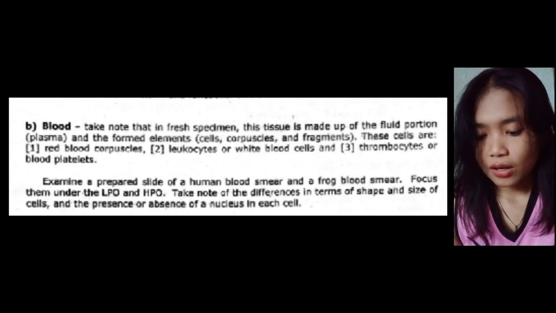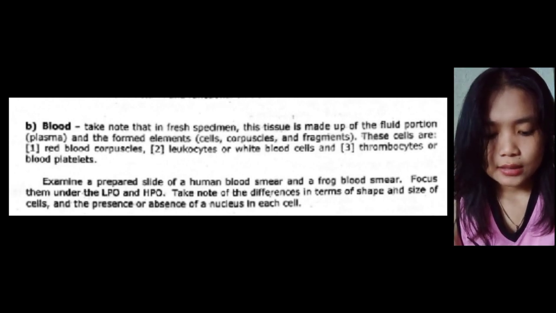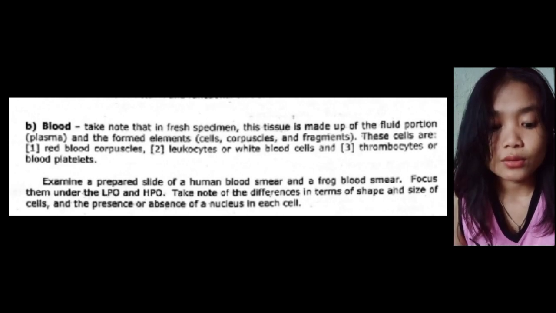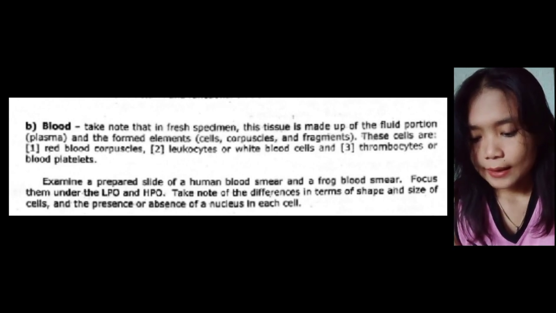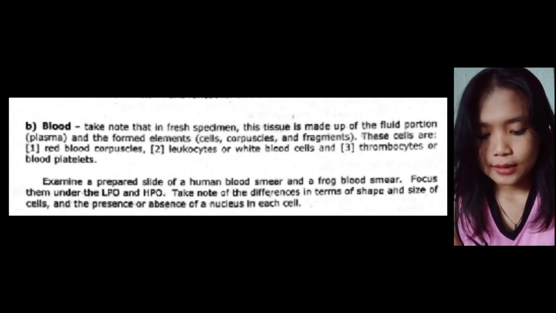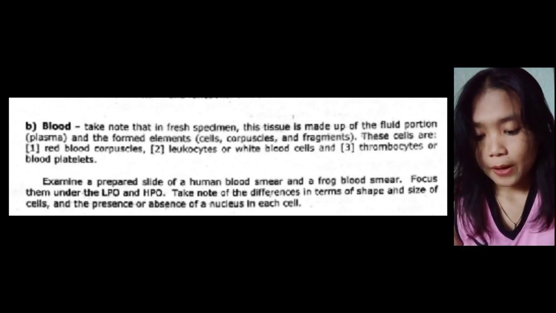These cells are first red blood corpuscles, second leukocytes or white blood cells, and third thrombocytes or blood platelets. Examine prepared slides of a human blood smear and a frog blood smear.